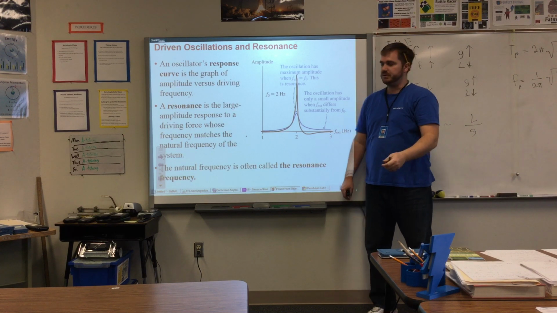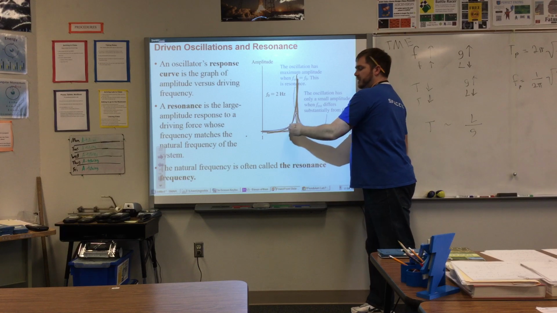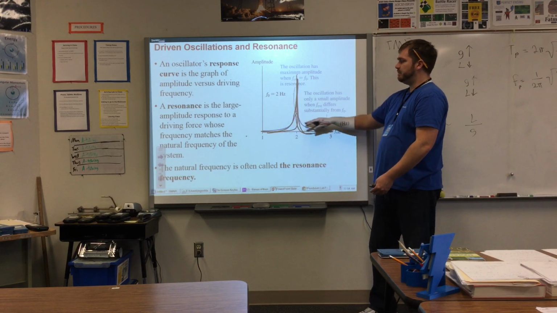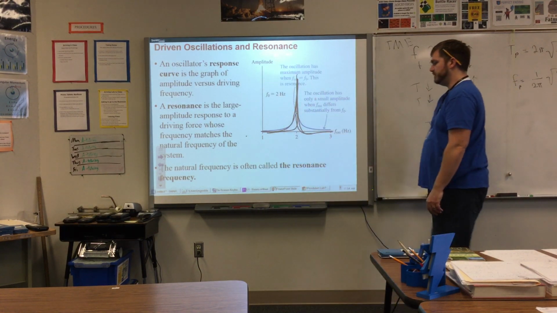It's going to have a very large amplitude response. But if you're off by just a little bit, then you're going to be fighting it more. It just depends on the system, what this graph looks like, and the actual shape.